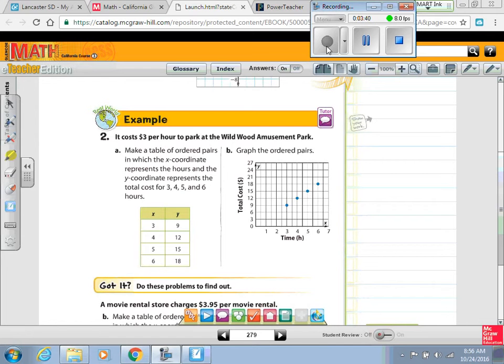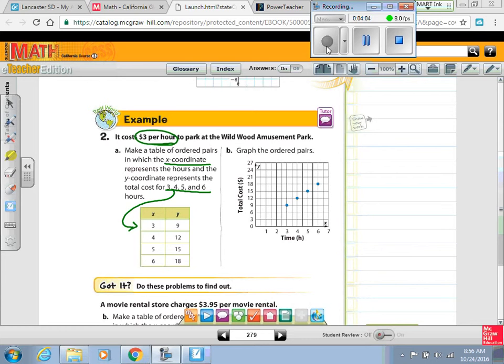So you're going to put 3, 4, 5, and 6 as the x-coordinate because those are the hours. So they go in this part of the table, and then you're going to figure out at a rate of $3 per hour how much the y-coordinate will turn out to be.